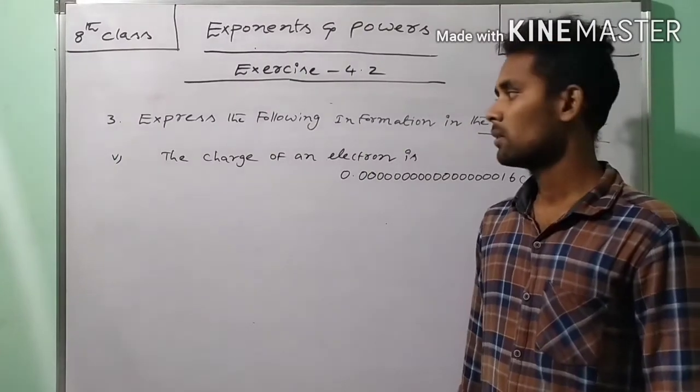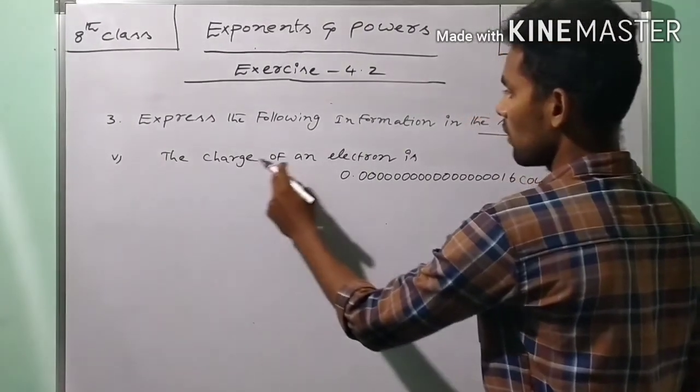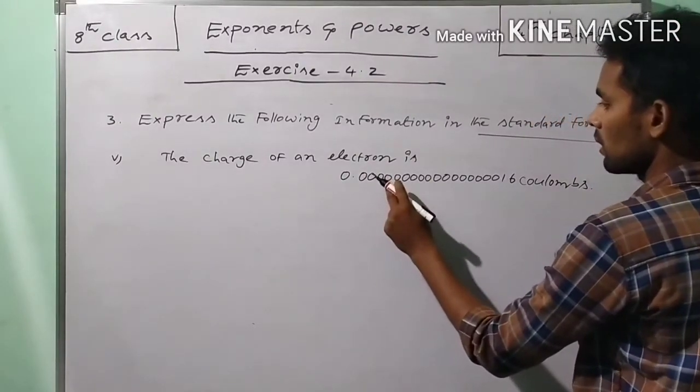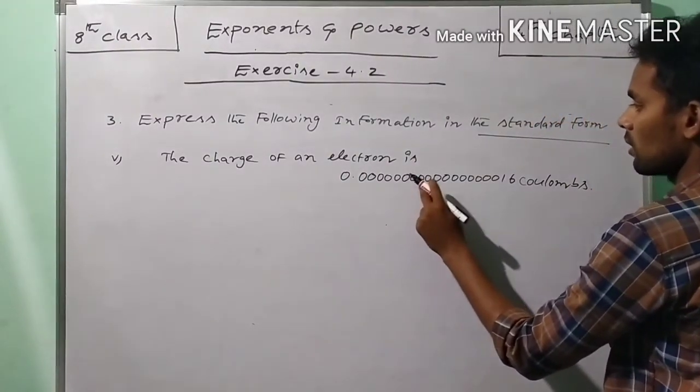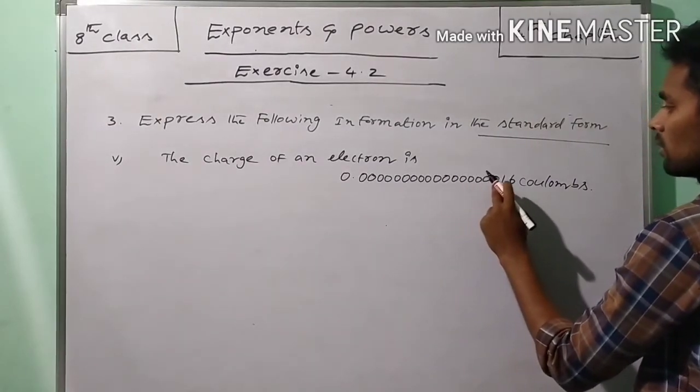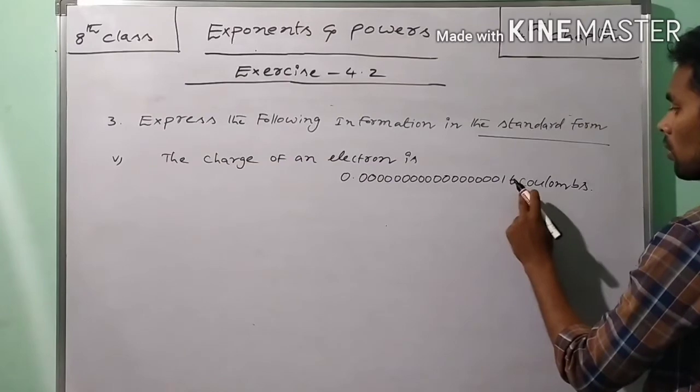Fifth question. The charge of an electron is 0.000000000000000016 coulombs.